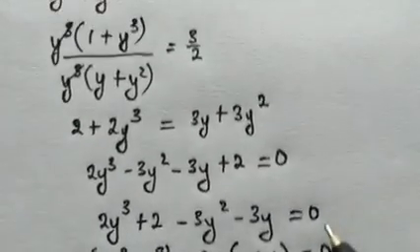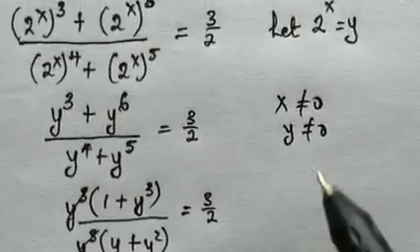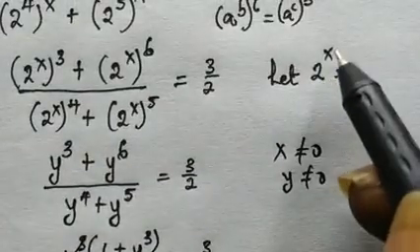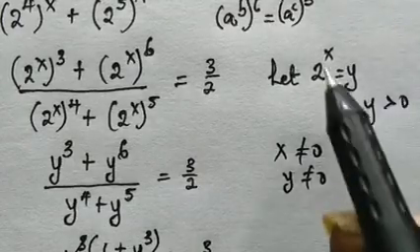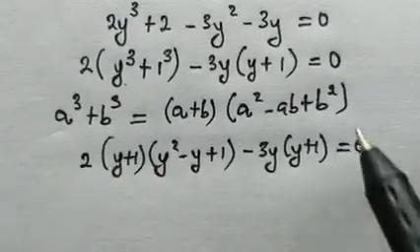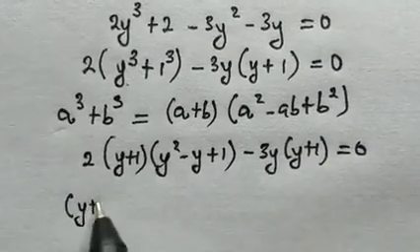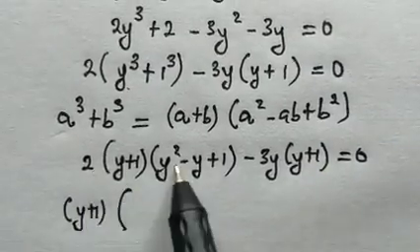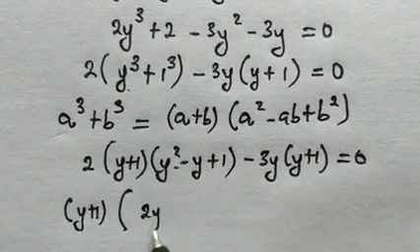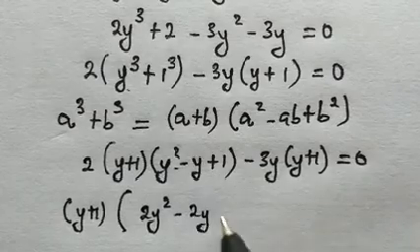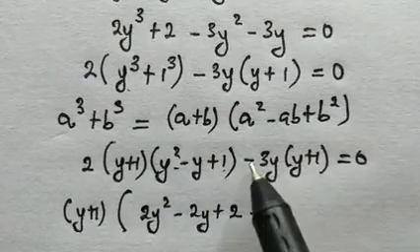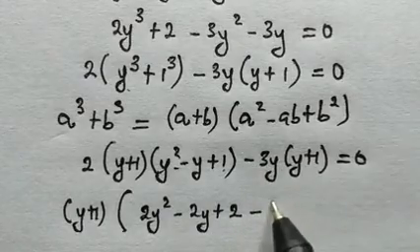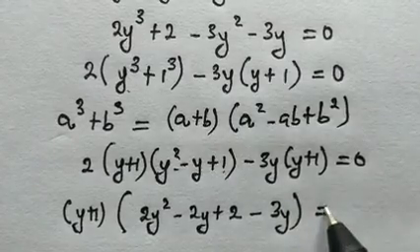Let us go back again to our substitution. Remember that if 2 to the power of x is equal to y, then y has to be greater than 0 for us to get the real value for x. Then from here factor out y plus 1. Then we have here 2 multiplied by everything here equals 2y squared minus 2y plus 2 times 1 here is 2. And then here we have minus 3y. Then this is equal to 0.